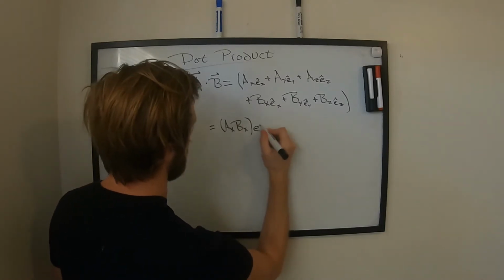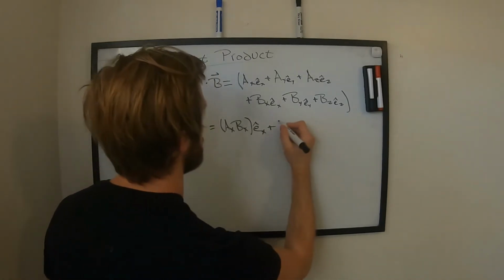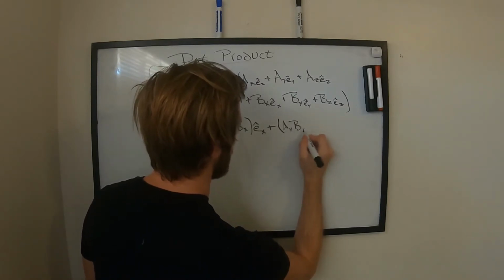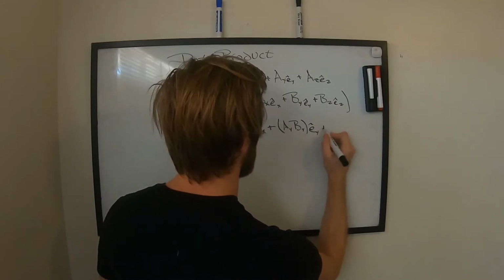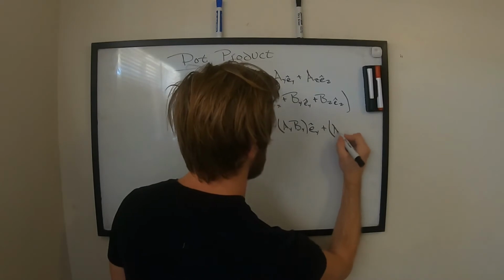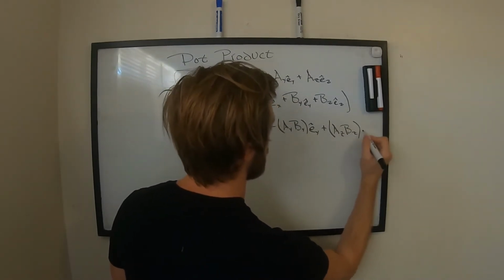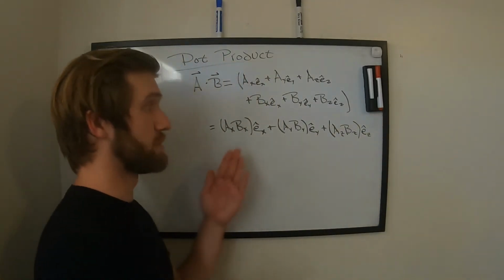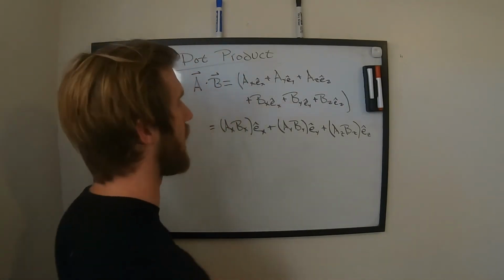So that is our e sub x component, plus a sub y, b sub y, times e hat sub y, plus, and I'm sure you've guessed it at this point, a sub z times b sub z. So e hat sub z. Okay, and then we just perform the operation and we will end up with our scalar value.